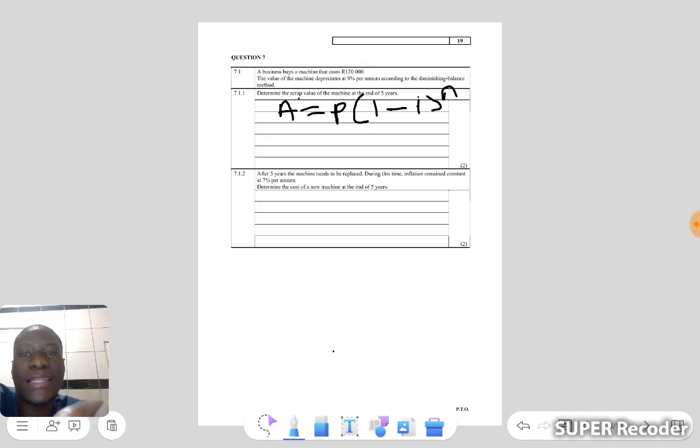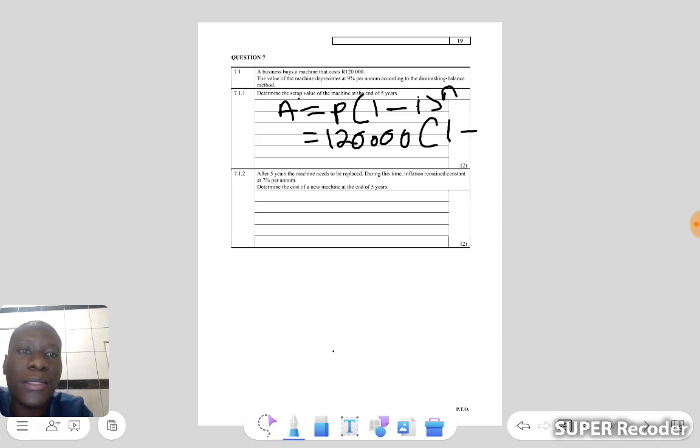So what is our A? Our A is what we need. Remember, it is the accumulated amount. In other words, the accumulated amount is the final amount. Then the P is the present amount, like the principal amount, the amount that is given. So in this problem, our P is 120,000.